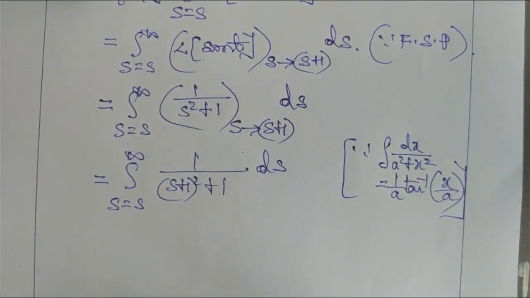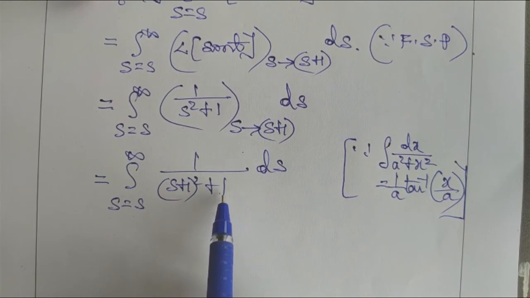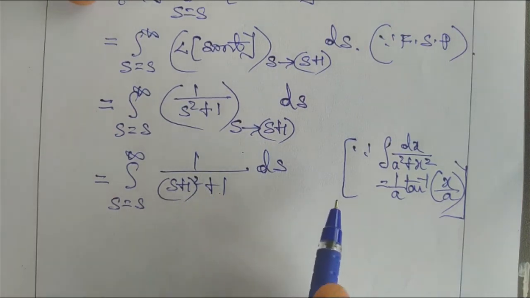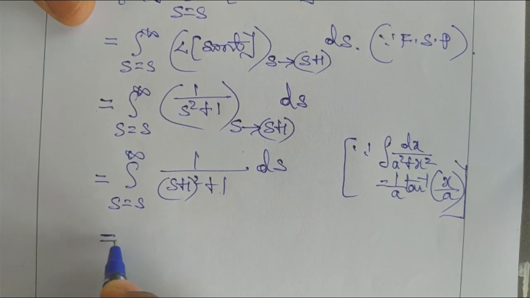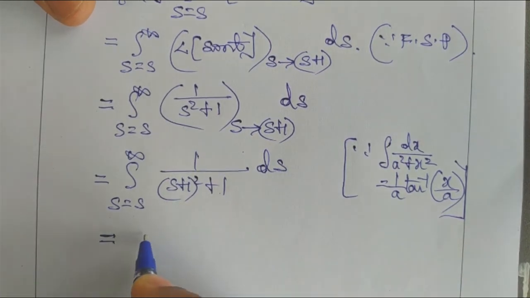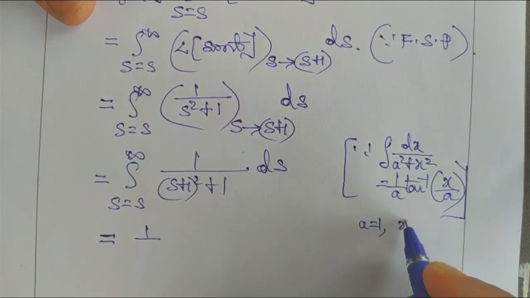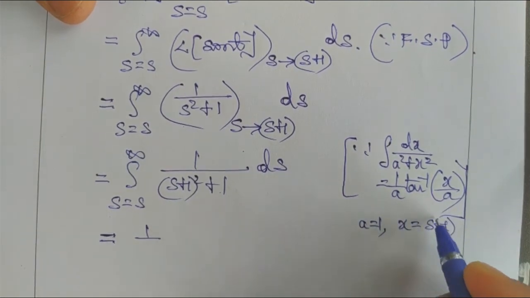So here a is 1, and x is s plus 1. So when we integrate, 1 by a is 1 here, and x is s plus 1.